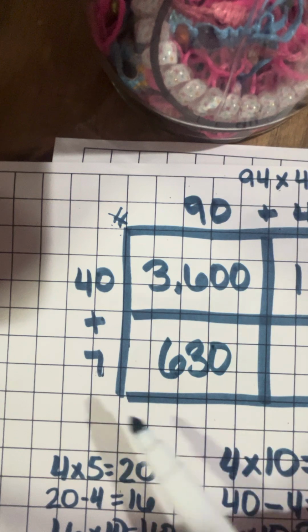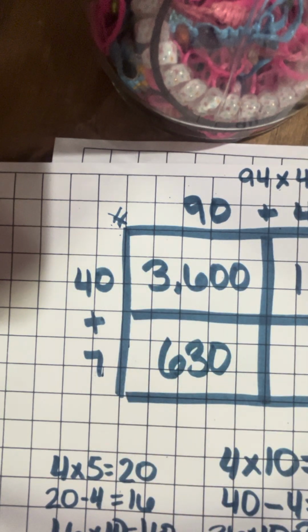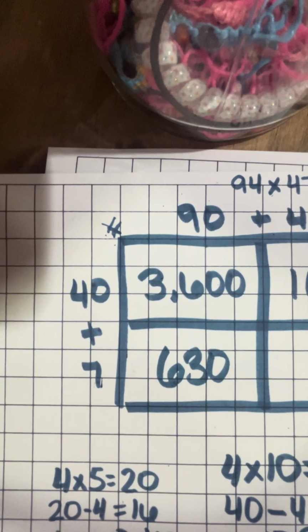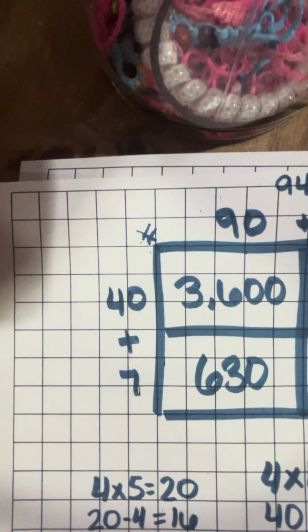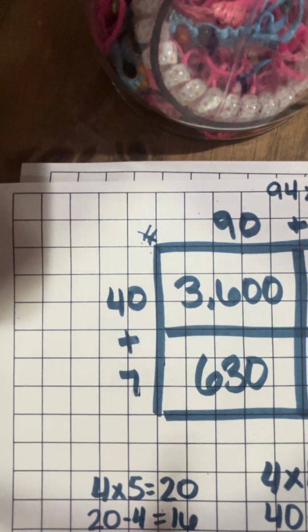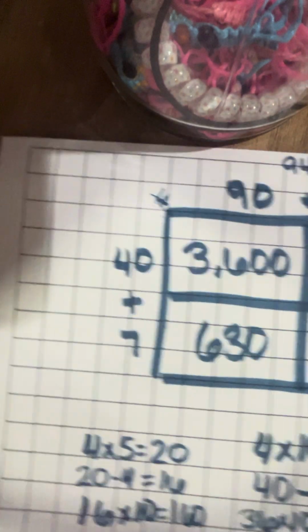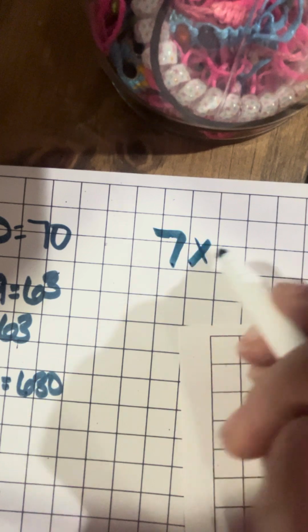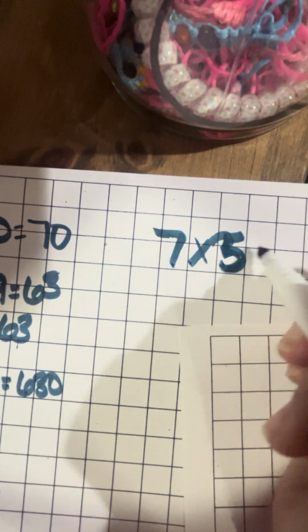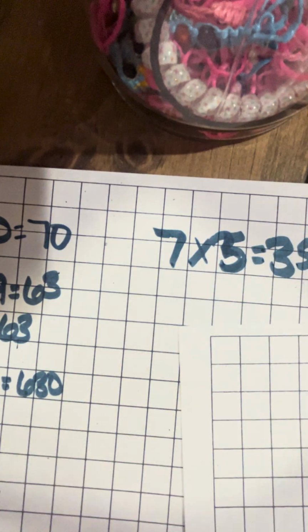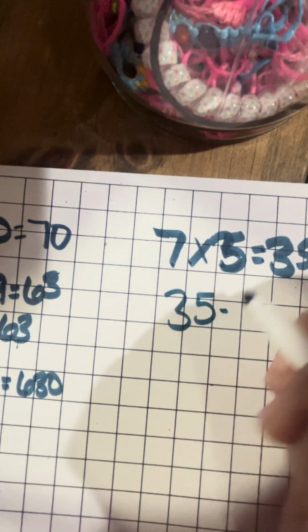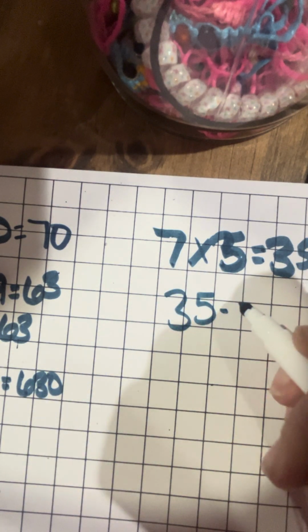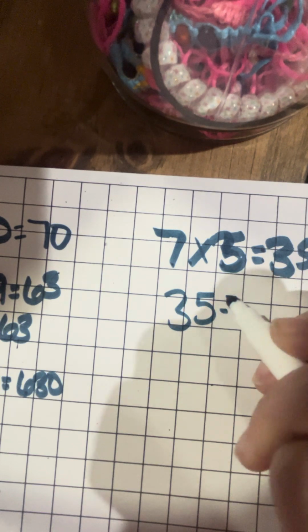Now I need to multiply my 7 times 4, and if you do not know what 7 times 4 is, you can use your facts of 5, 7 times 5 to get 35. And then you can also subtract a group of 7 from 35, and that will help you get the product to 7 times 4.